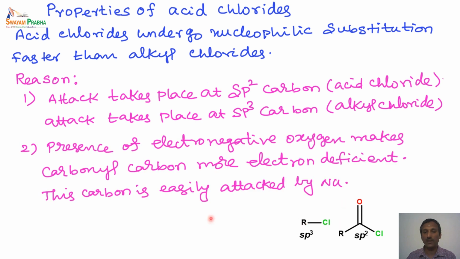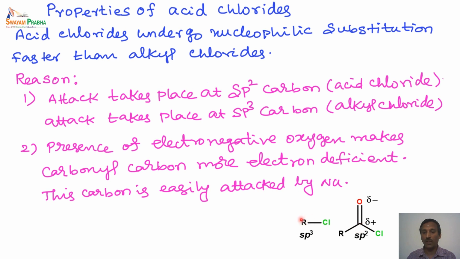The next reason is the presence of electronegative oxygen pulls the electron towards itself, making this carbon more susceptible to nucleophilic attack. In other words, this carbon behaves more having delta plus charge because there is one electronegative oxygen, there is another halogen which is also electronegative. So both of them pull the electron towards themselves, making this particular carbon more electrophilic in nature.